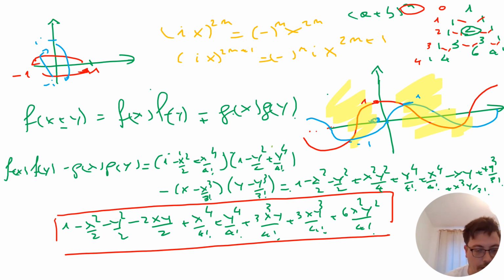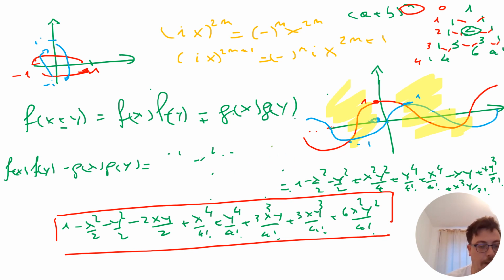Okay, and all the other terms are higher than the fourth power, so we don't care, we stop at the fourth power and compute if they are all the same.